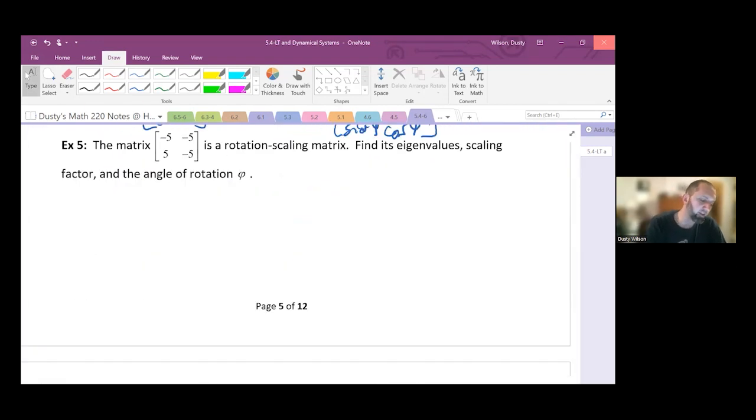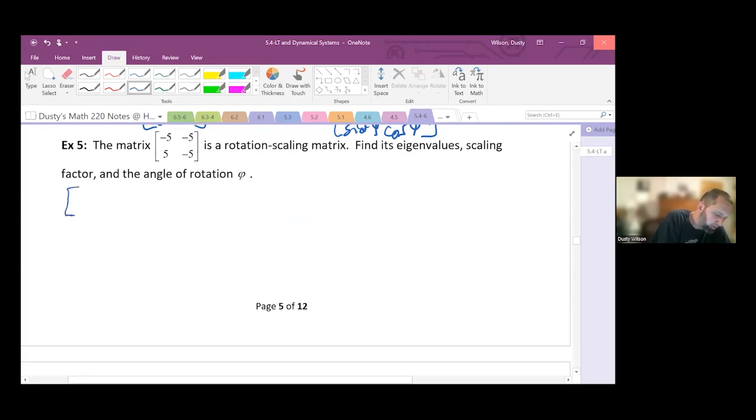Example 5. The matrix -5, -5, 5, -5 is a rotation scaling matrix. Find its eigenvalues, scaling factor, and the angle of rotation phi. So we want to start by pattern matching.